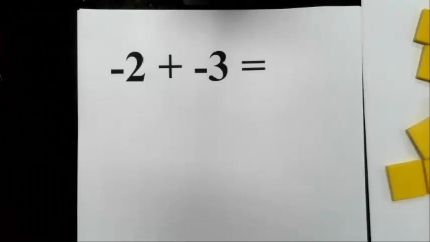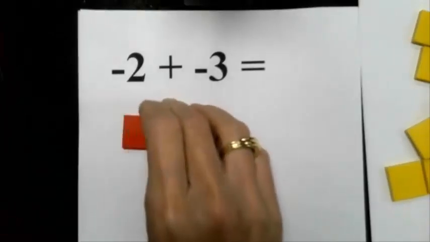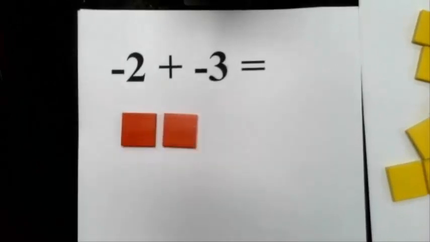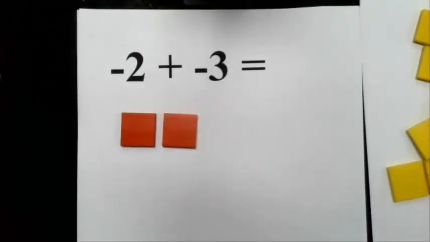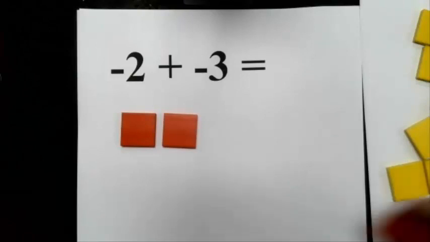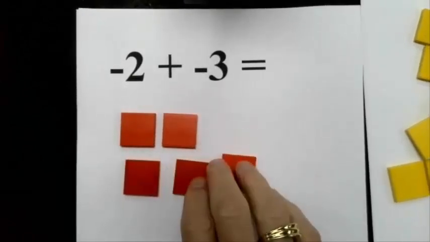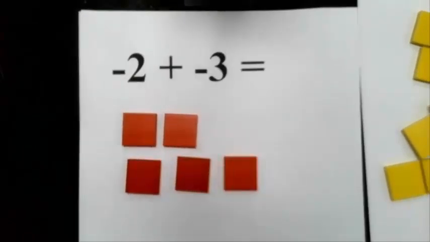Our next problem is -2 + -3. This is an addition problem. We build both add-ins. Each red counter represents -1, so we'll have -2 and -3. And so I see I have 5 red counters here. That represents -5.